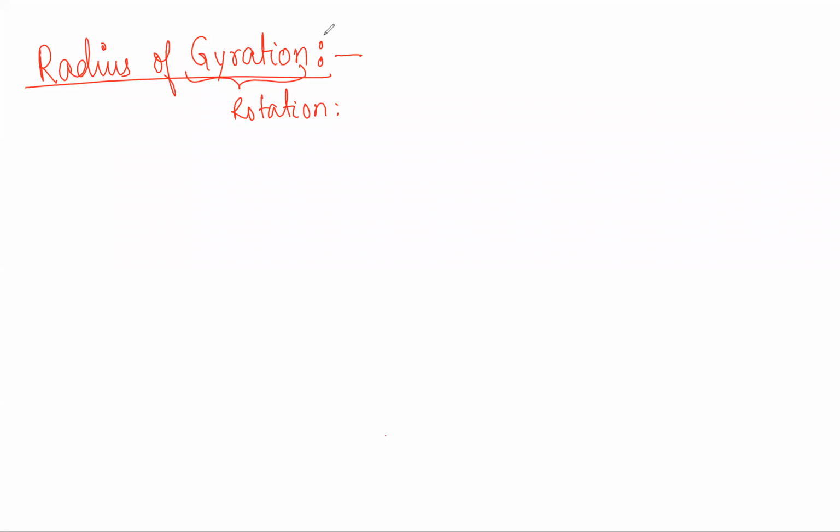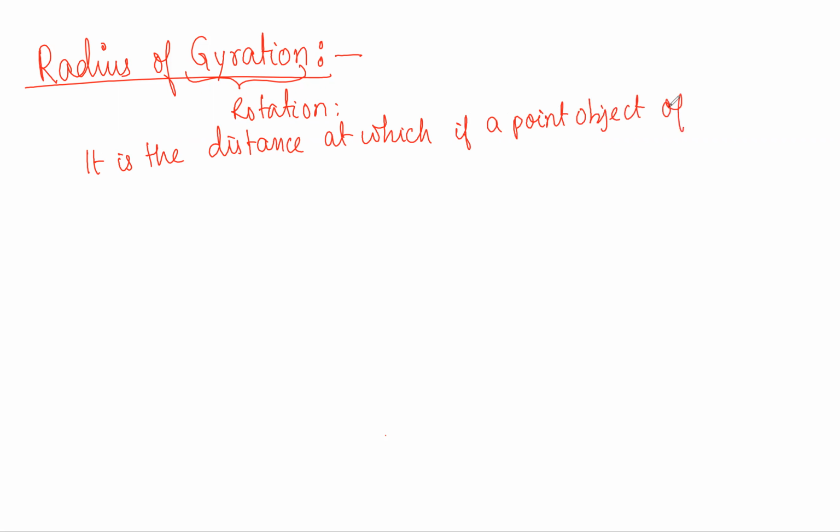It says that the radius of gyration for an object is the distance from the axis of rotation at which, if a point object of the same mass is placed, then its moment of inertia will be the same as the object.